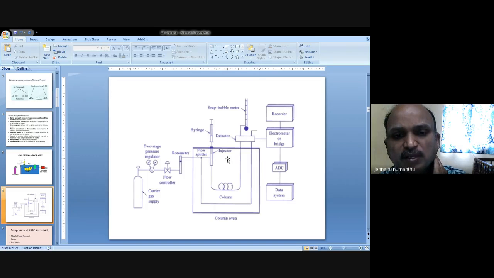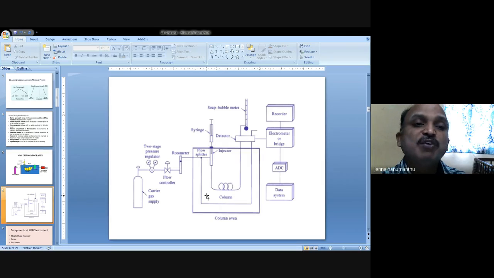The column has to be heated by some heater element. Why do we need to heat it? We want to convert the sample. The sample may be solid, sometimes liquid, isn't it? So we want to heat it and convert it into vapor.